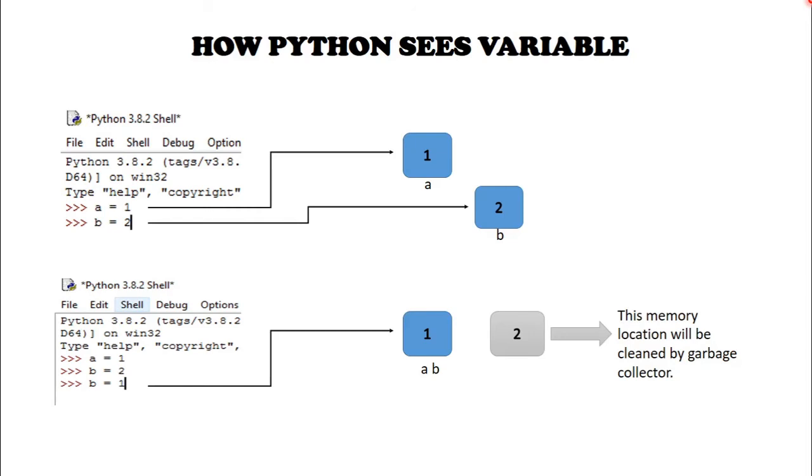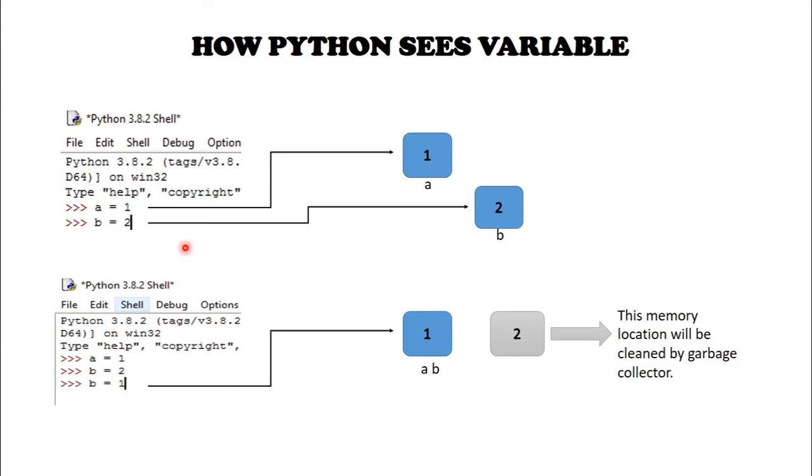Now let's learn some more about how Python sees variable. Here I have created a variable named A and assign 1 to it, and create another variable B and assign 2 to it. Now everything is fine till here. A and B are pointed to separate memory location.